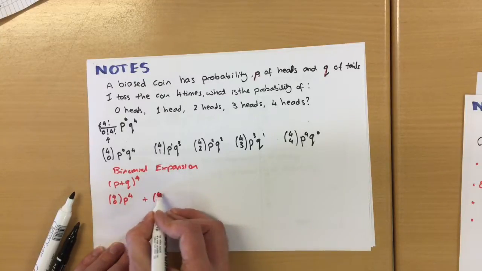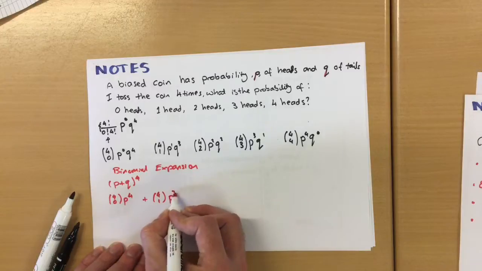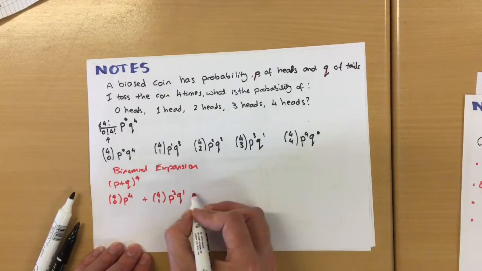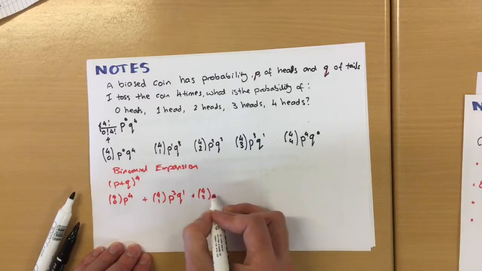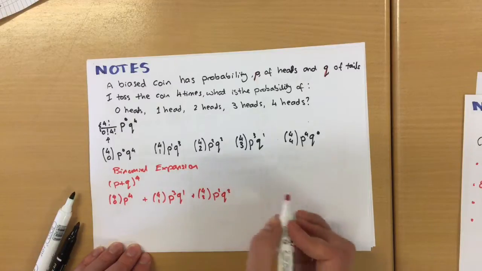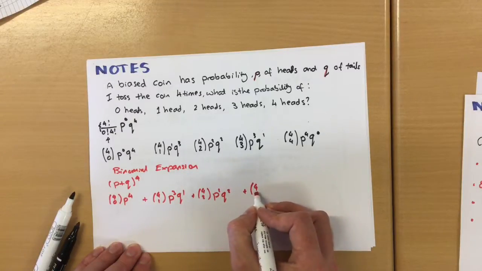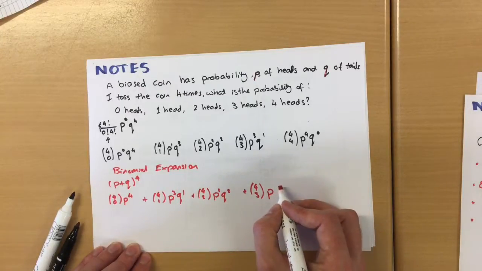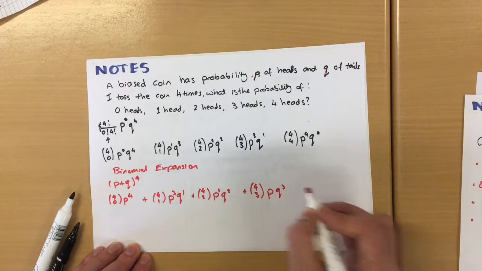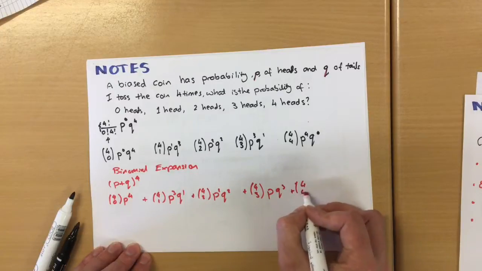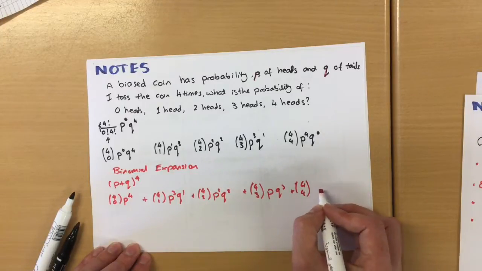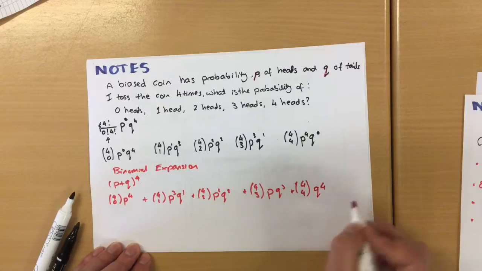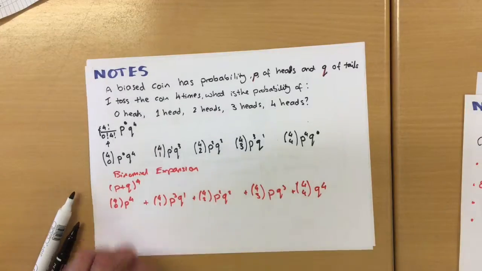Then we'd have got 4 choose 1, P cubed, Q^1, plus 4 choose 2, P^2, Q^2, plus 4 choose 3, P^1, Q^3, and 4 choose 4, Q^4, because P to 0 is 1.